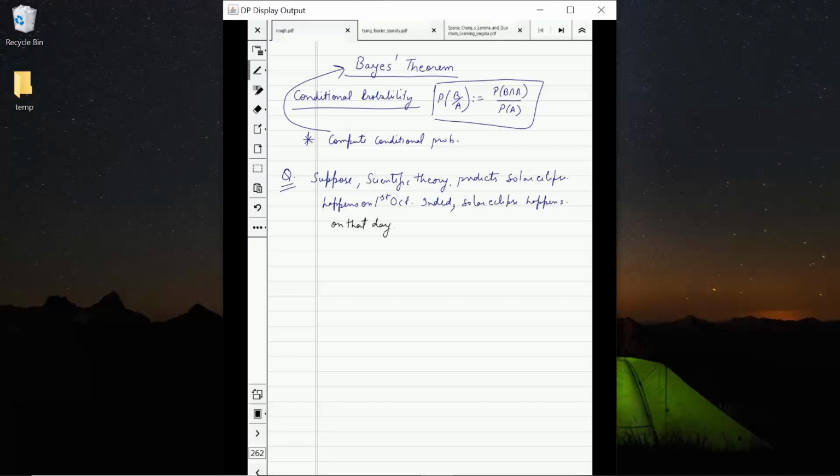Let me be more precise. Say that it predicts with probability 0.8. So that means the scientific theory says that with probability 0.8 solar eclipse will happen on 1st October. You go out and see that the solar eclipse has happened. Question is, what is the probability that the theory is indeed correct?